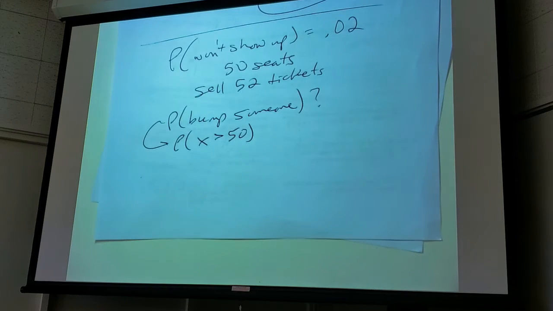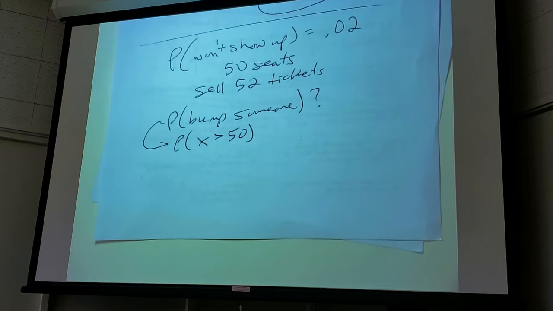So this is not an exactly question anymore. This is a more than 50 question, but now we start to see what happens when I have more than just exactly some number. What does more than 50 mean? You basically just said it, 51 or 52, right? So if 51 or 52 people show up, they're going to have to bump somebody.